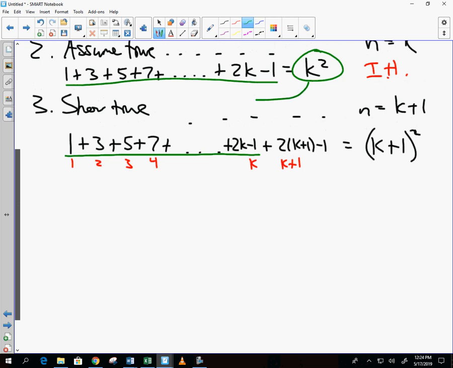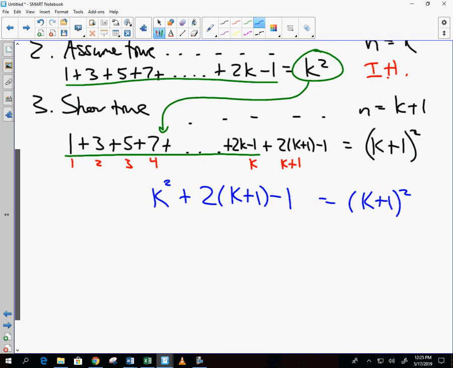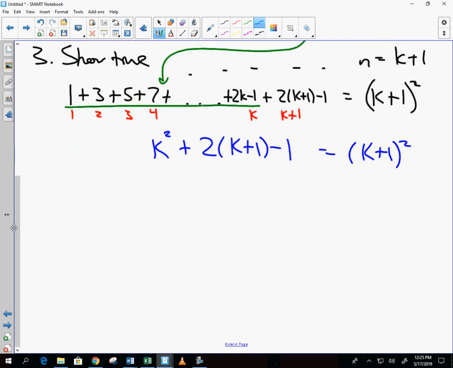So I could take k squared and drop it in. So k squared plus 2 times k plus 1 minus 1 is supposed to be equal to k plus 1 quantity squared. Now it's a matter of making the left look like the right. We have k squared plus 2k plus 2 minus 1 is equal to that.